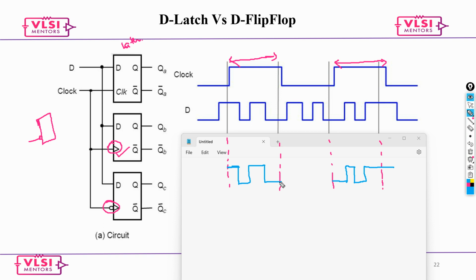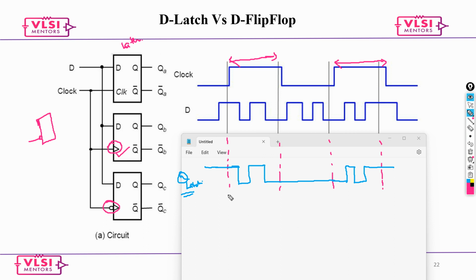Now you just extend this as it is. Whatever the value at the last, that would be retained all the way till the next edge. So this is how it is going to be in case of a latch. This is going to be Q, latch. Is it clear?